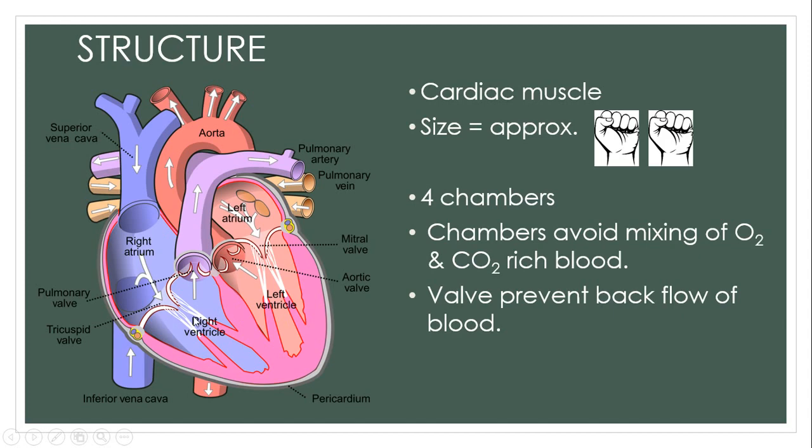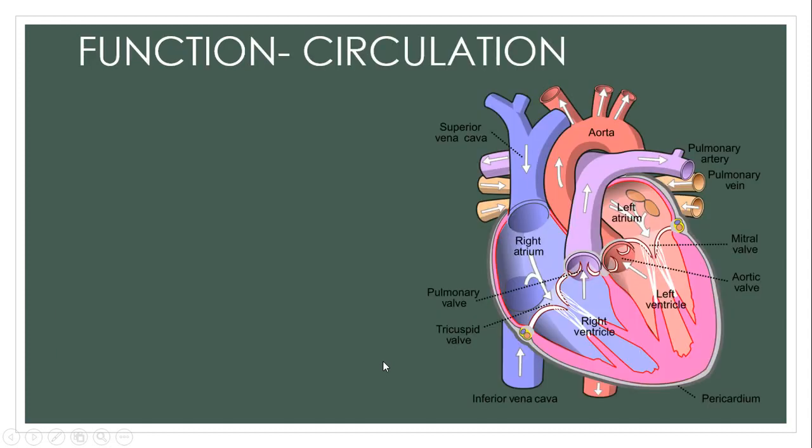Now we will see the function of the heart. The main function is that it helps in circulation of the blood, and as it is a pumping organ, it circulates the blood throughout the body.